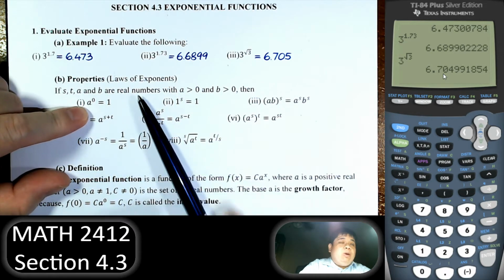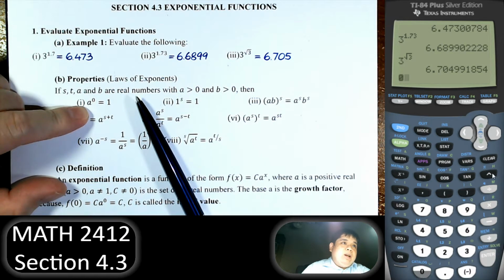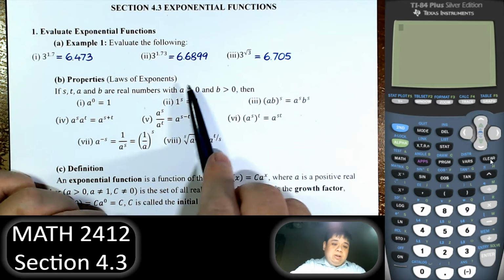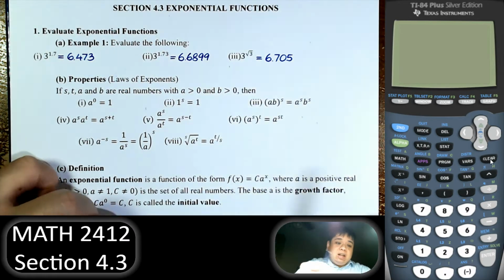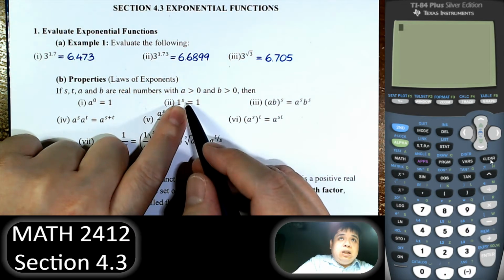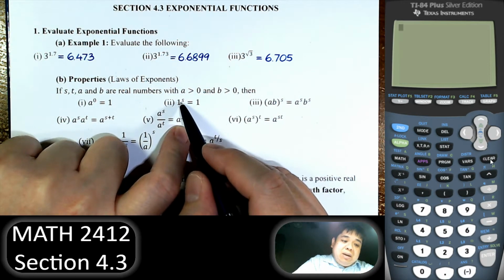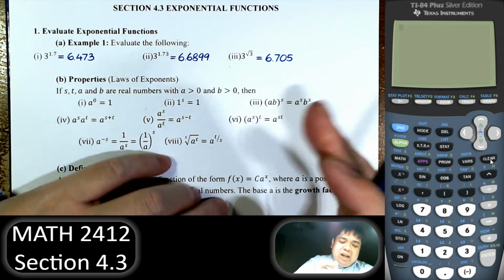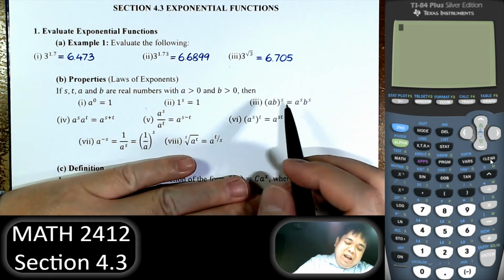If we have 0 raised to the 0 power and put that in the calculator, it says undefined. So we want something greater than 0, and anything greater than 0 raised to the 0 power is 1. 1 raised to any power is 1. That s can be any number. There's no restriction here. Could be 0, negative, positive, anything.